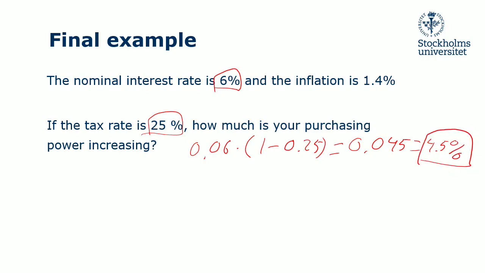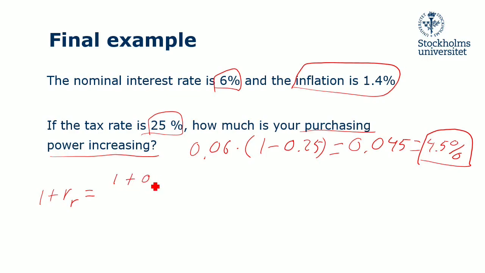And then we wanted to know how much our purchasing power was increasing. Well, then we simply need to account for the fact that prices increased by 1.4% per year. We find that 1 plus the real interest rate after tax is equal to 1 plus the increase in money, which was 4.5%, divided by 1 plus the inflation of 1.4%.